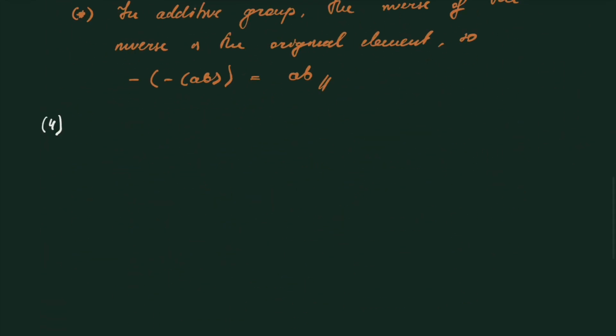First, let's prove that the identity is unique. One is unique. We'll use the simple procedure to prove that. It's to assume that it's not unique and arrive at a contradiction.